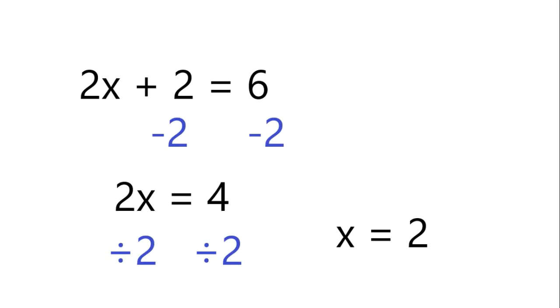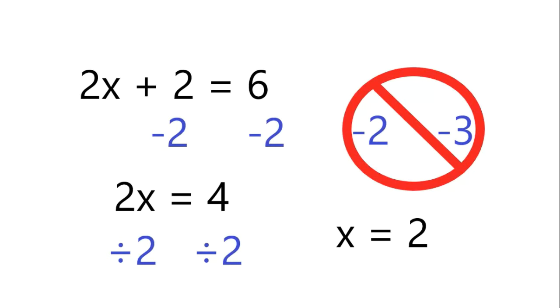Note that we have subtracted 2 from both sides and also divided both sides by 2 as well. We can't just subtract 2 from one side, or subtract 2 from one side and subtract 3 from the other. That just won't work. Both sides of the equation must be either added, subtracted, multiplied, divided, etc. by an equal amount.